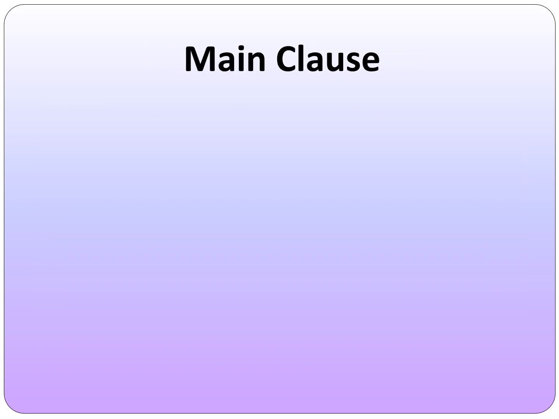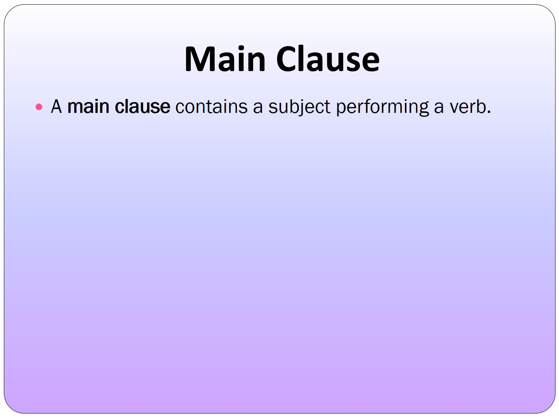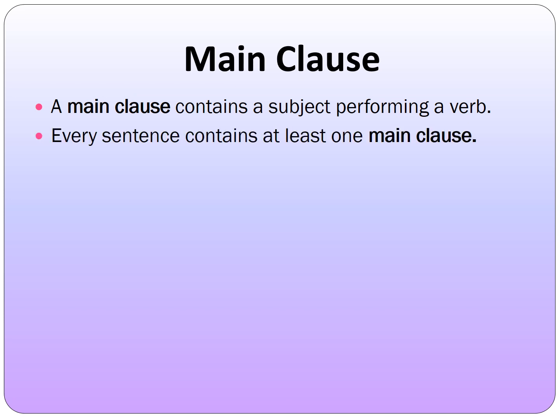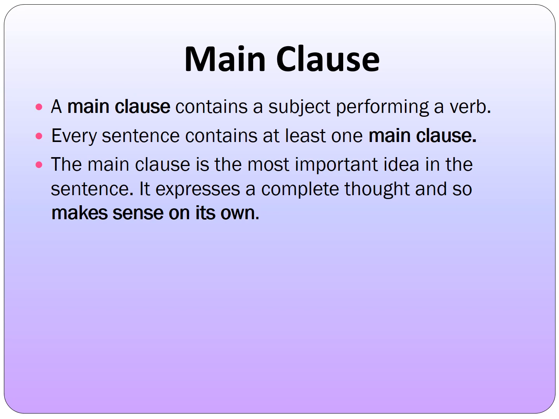So there are different types of clauses. We're going to start by looking at main clauses. So the main clause contains a subject performing a verb. Every sentence has at least one main clause. The main clause is the most important idea in the sentence.